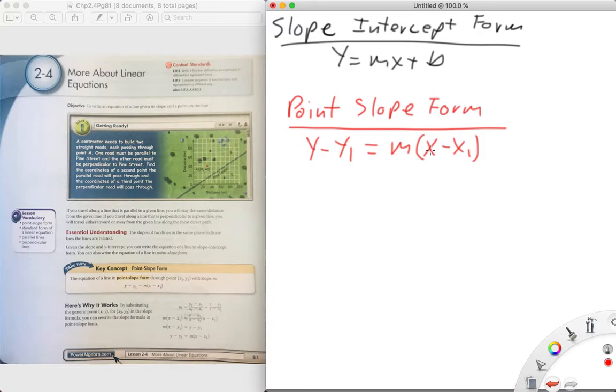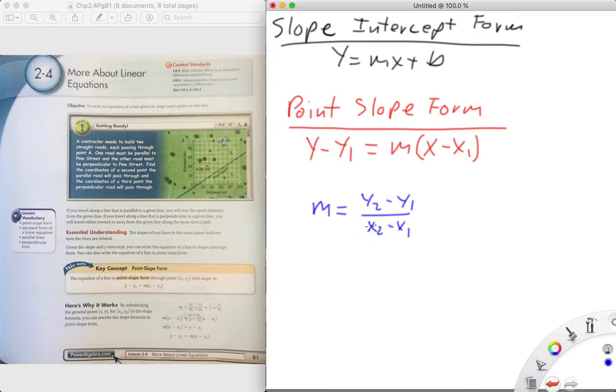The reason they have that point slope is because we have a slope and the ordered pair for one point, x1 and y1. The way that we get this one is from the slope equation, and this is the proof. Slope is equal to y2 minus y1 over x2 minus x1.